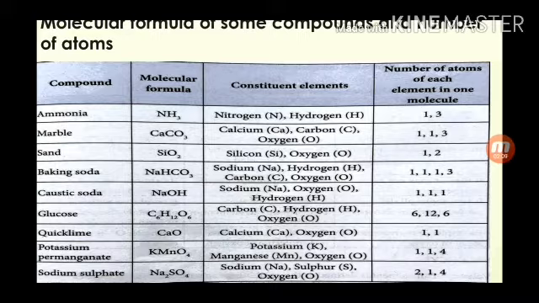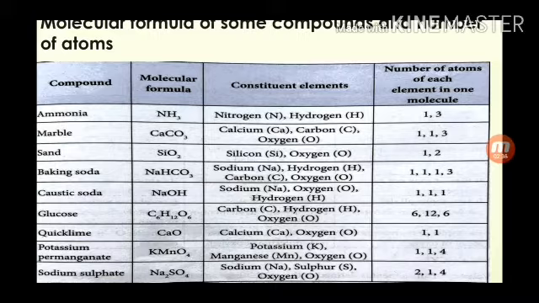What is the ratio? 1:1:1:3. In the case of caustic soda, the formula is NaOH, chemical name sodium hydroxide. Na stands for sodium, O stands for oxygen, H stands for hydrogen. What is the ratio? 1:1:1.